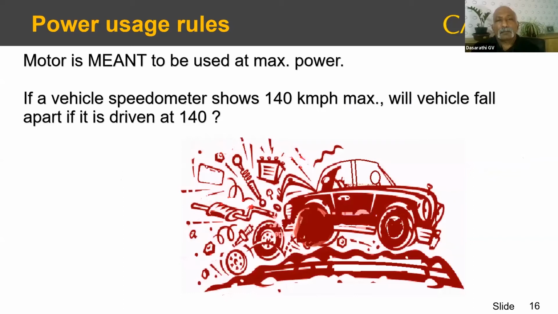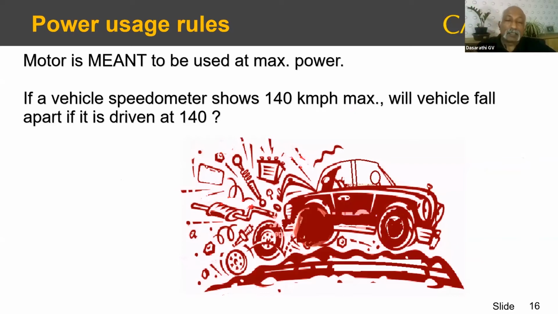And there are some rules of spindle power usage. So what did we see so far? We saw how a motor gets heated up. What power should you stick to, in terms of power consumption on the motor, so that the motor doesn't get heated up to dangerous levels and get damaged?